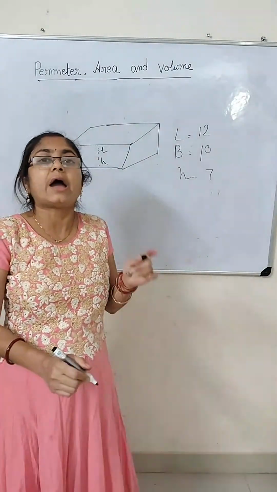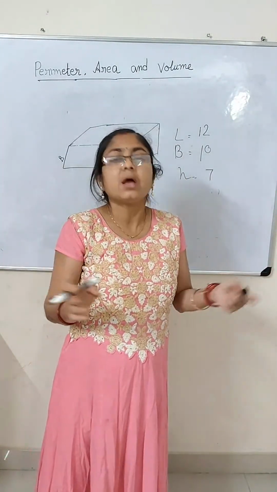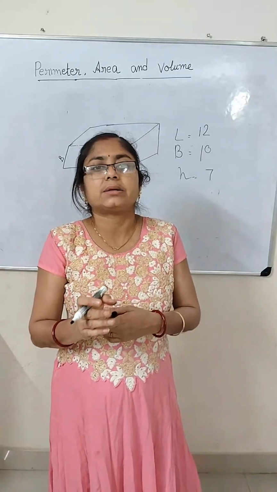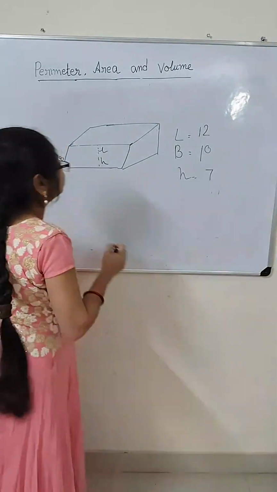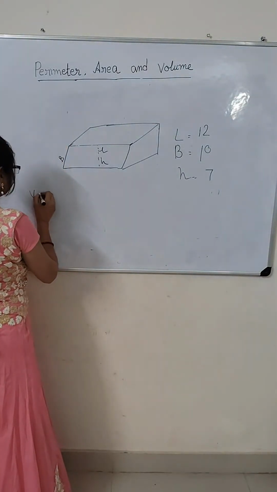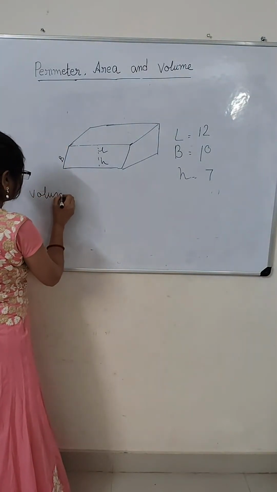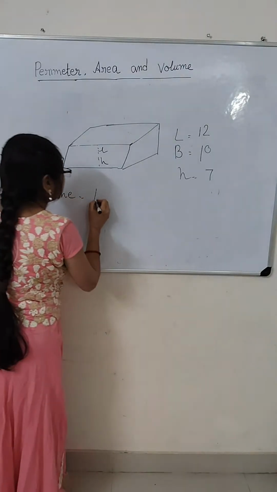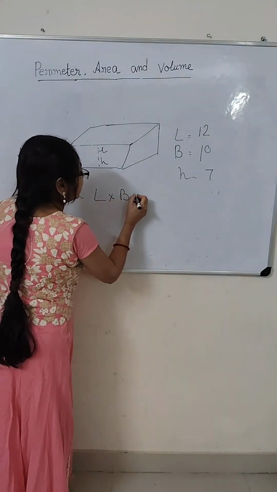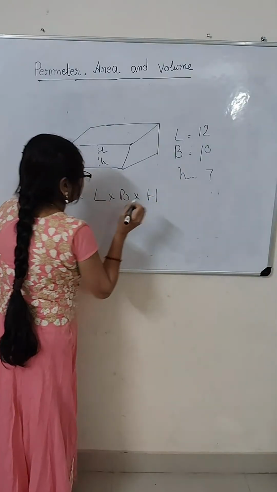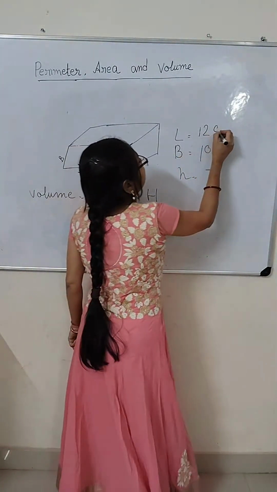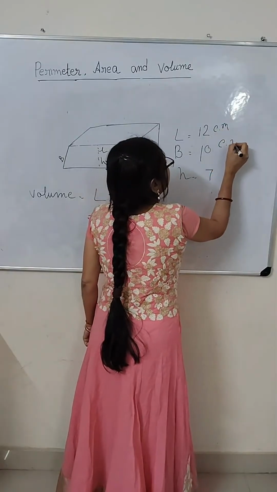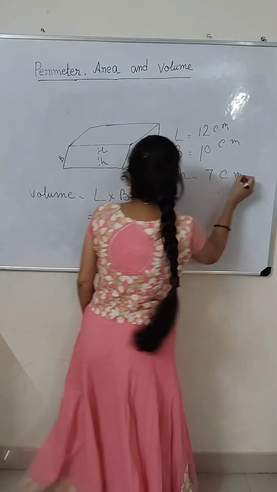Volume you can find only for a 3D shape. Always remember it. Okay? 2D shape, no volume. It is a 3D shape. So, volume. Length into breadth into height. Okay? Length is, I do it by centimeter, centimeter and centimeter.